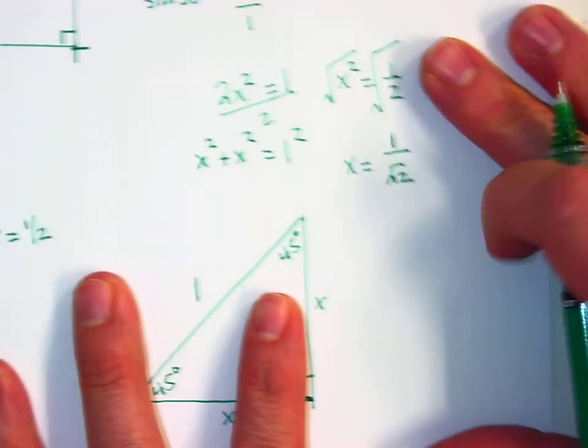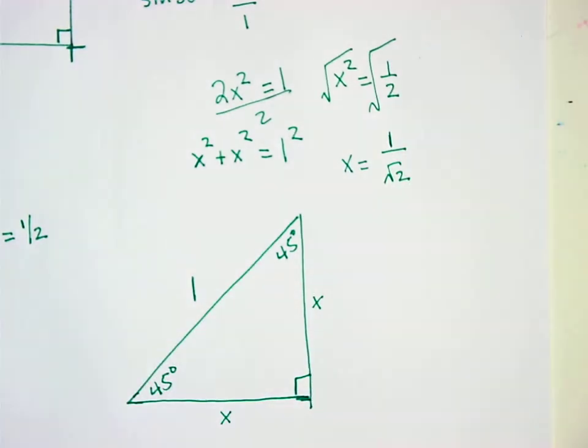But here's a thing that I haven't taught you yet. You know how there's a whole bunch of stupid rules in math about things you can't do? Anybody know a rule in math that you just can't do? What's one thing you can't do in math? Divide by 0, can't do that. Anything else?